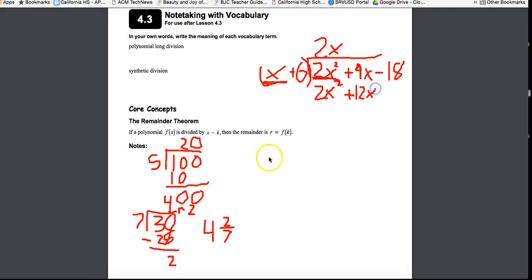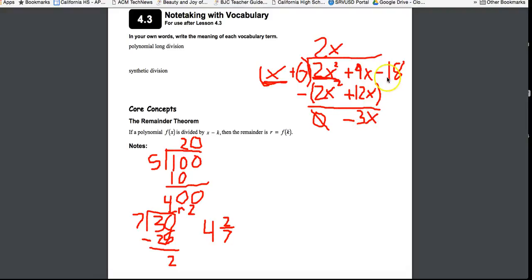Now, just like in our example here, we need to subtract. So we're going to take this entire term and subtract it from our dividend. So 2x squared minus 2x squared just gives us nothing. We're left with 0. And 9x minus 12x gives us negative 3x. Okay?